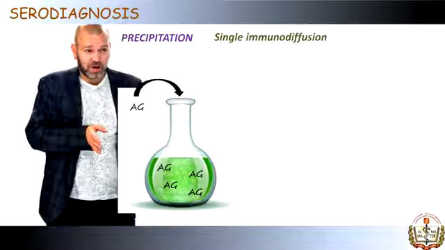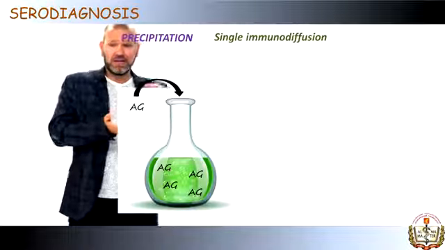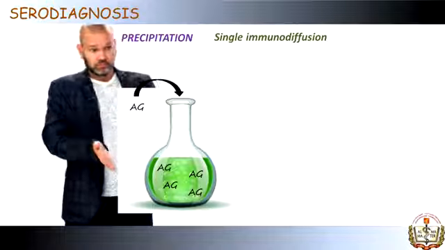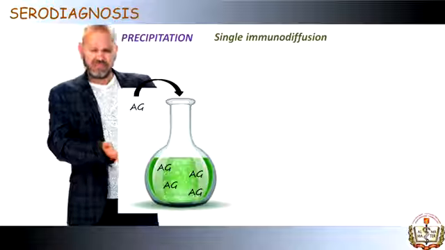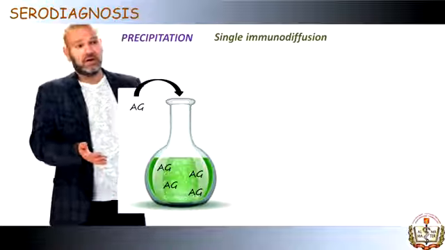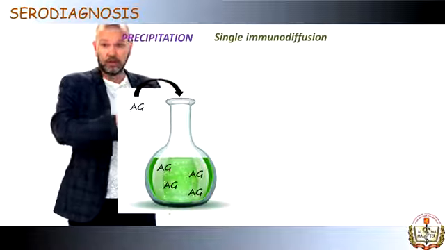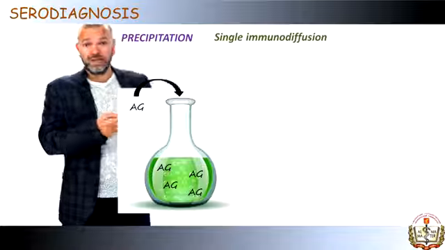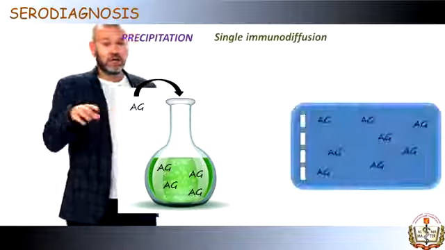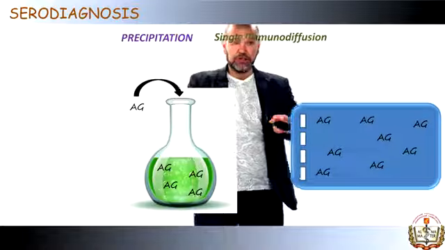How to do it? What do I mean? You cook the gel in that container. When you melt it and slightly cool it down, you still have liquid agarose. For example, you add antigen here. It will dissolve in the agarose. When you fill the container with that gel, you already have a gel containing antigens. Antigens are already here.